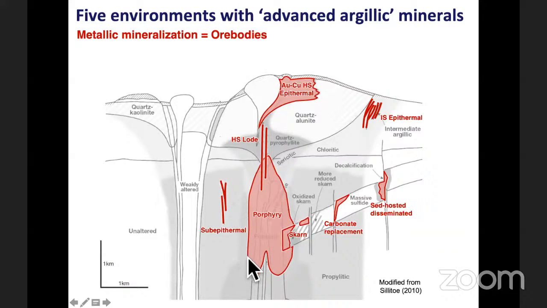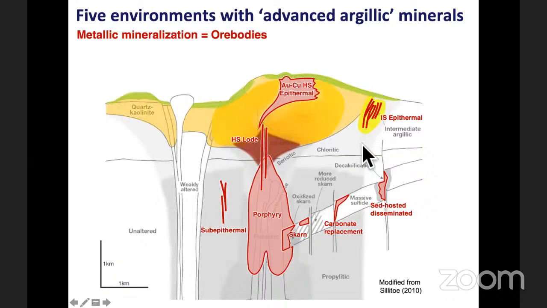So we have porphyry, if we have the right lithology, we may have a skarn or a carbonate replacement, or farther away, we may have a sediment-hosted disseminated deposit. And above, in the upper 1.5 to 2 kilometers, we have what we call, of course, the epithermal environment, and we can have different types of epithermal deposits.